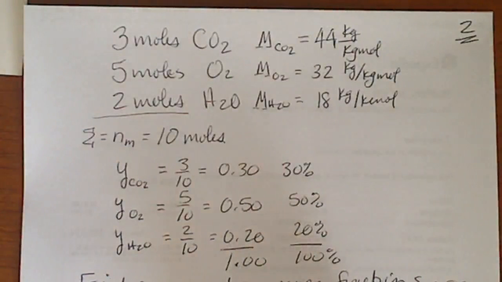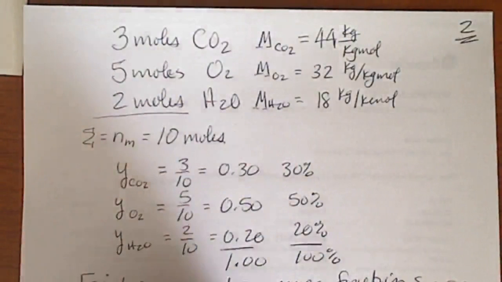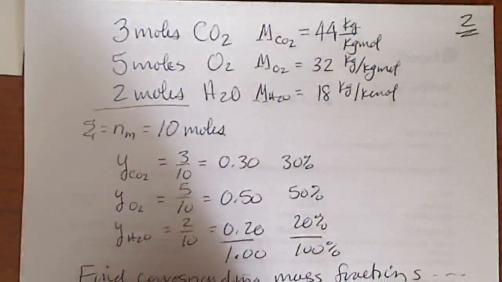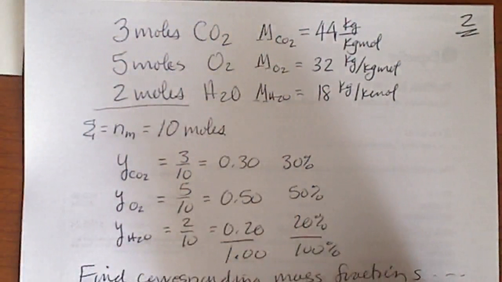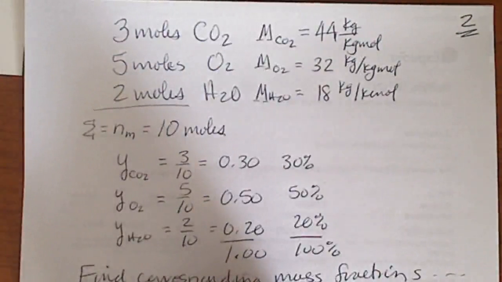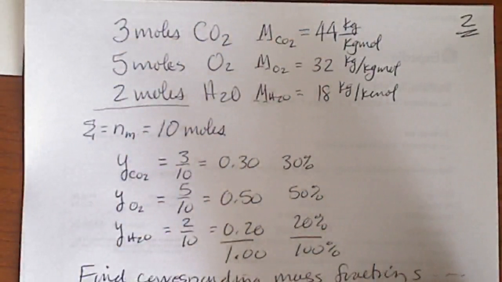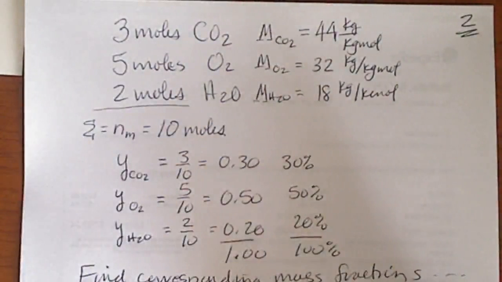So let's start out with, sure, for every 1 mole of mixture, then we want to find the mass of each constituent or component, and then add the total of that, and then find the mass fraction for each one of those.